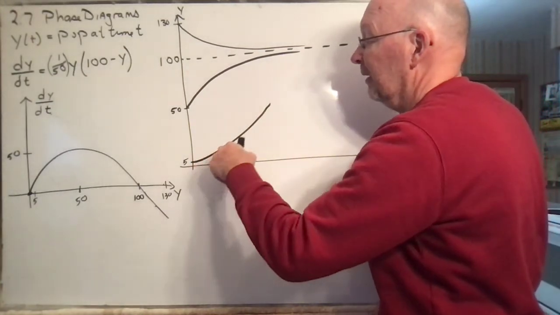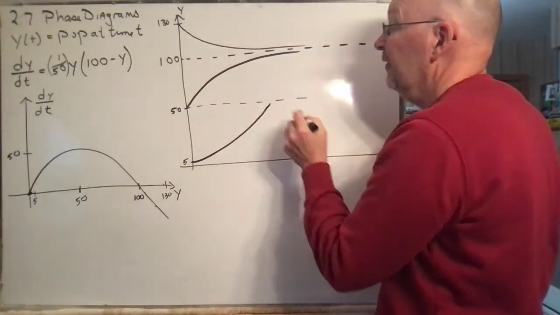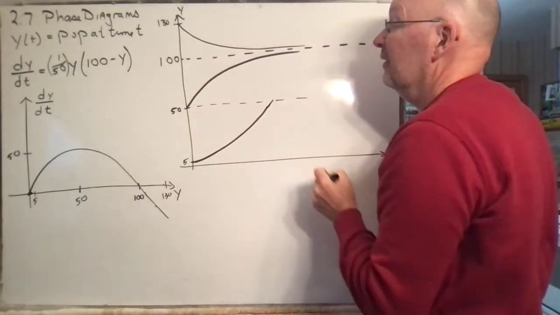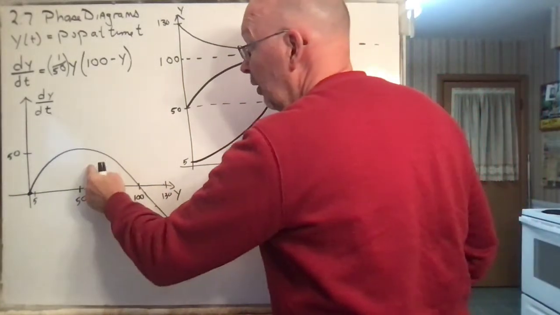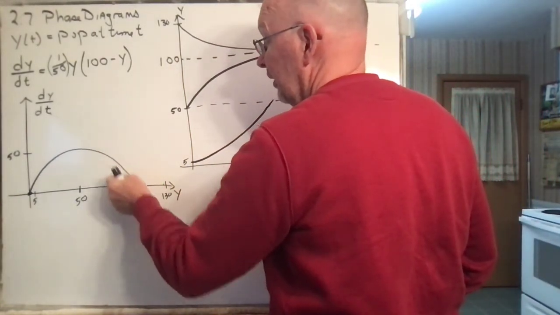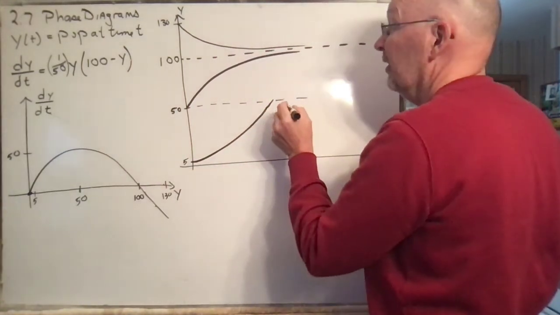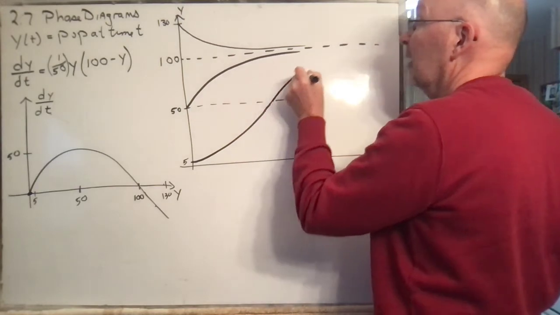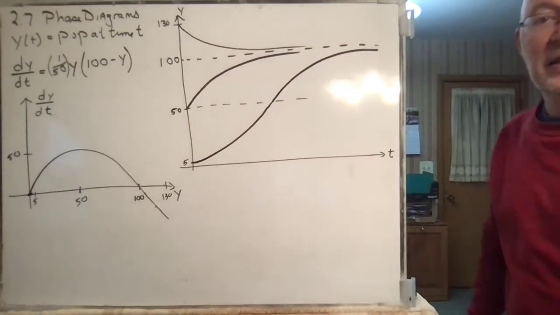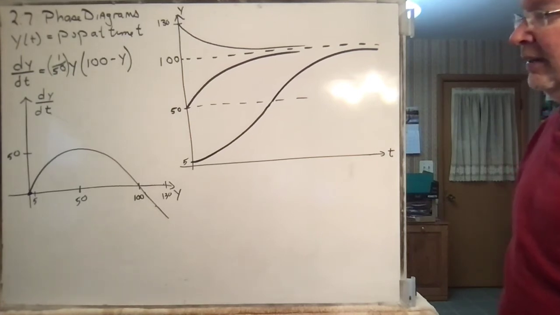That slope kept getting bigger and bigger until I get to 50. And once I get to 50, it's still increasing. It's still above the axis, so it still increases, but it's increasing at a slower rate. So it looks something like that. Okay? So that's the idea.